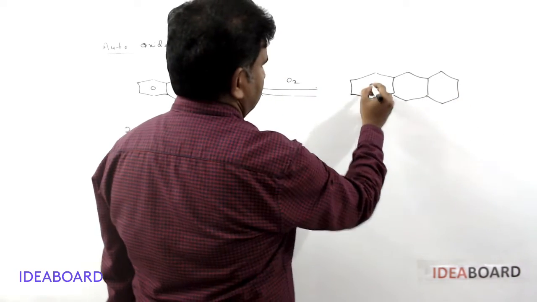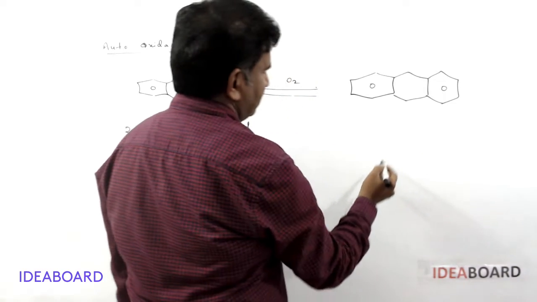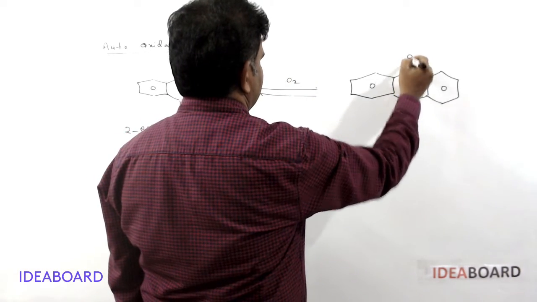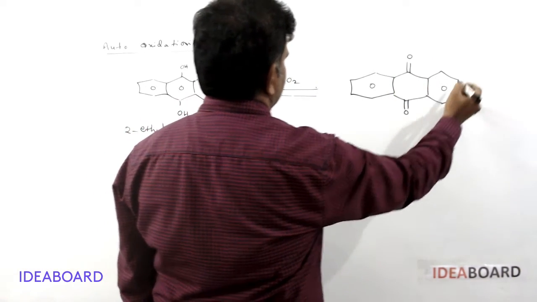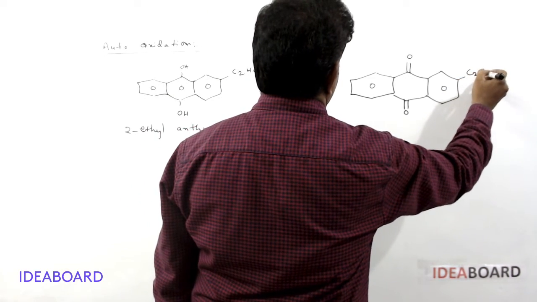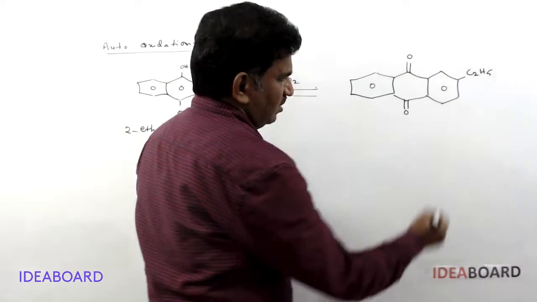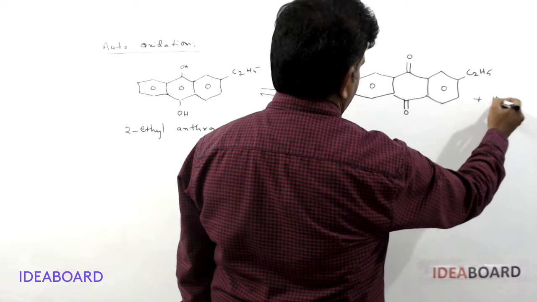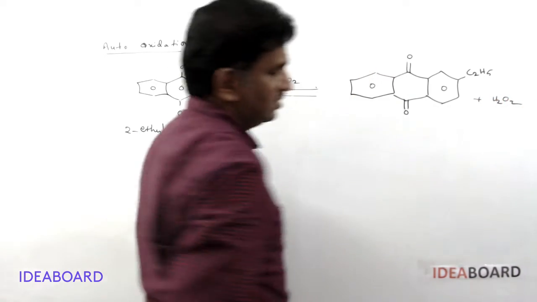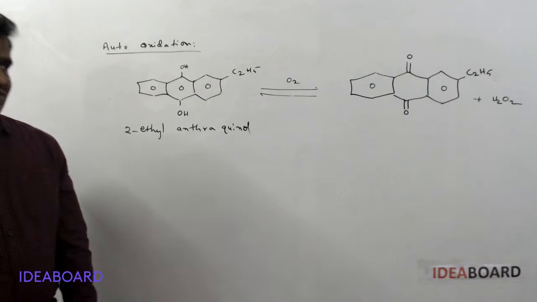This on oxidation forms a ring where the two OH groups become double-bonded O and double-bonded O, and the ethyl group has no change. Along with this, what is the other product we are getting? Yes, that is hydrogen peroxide.